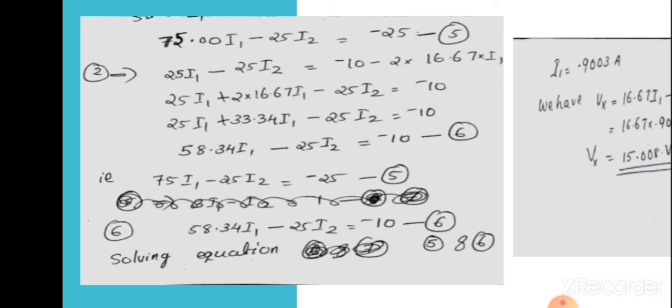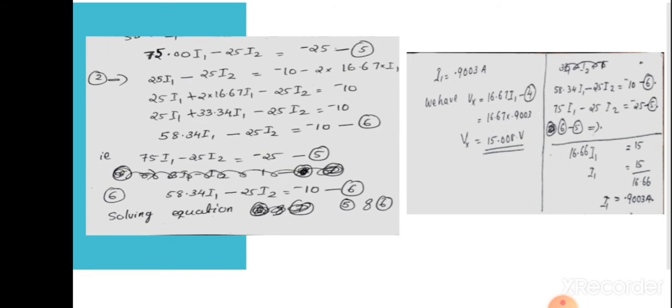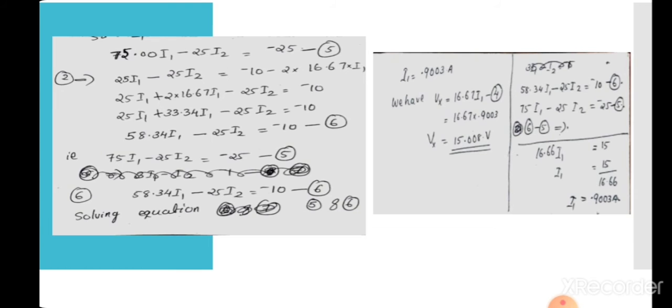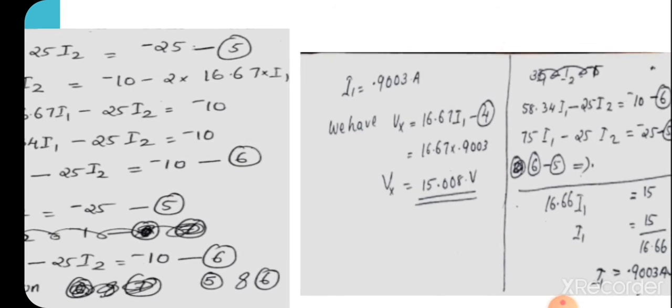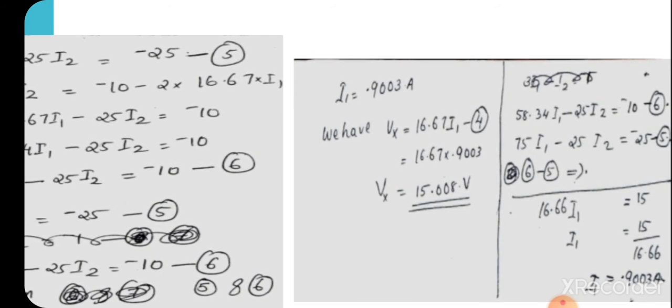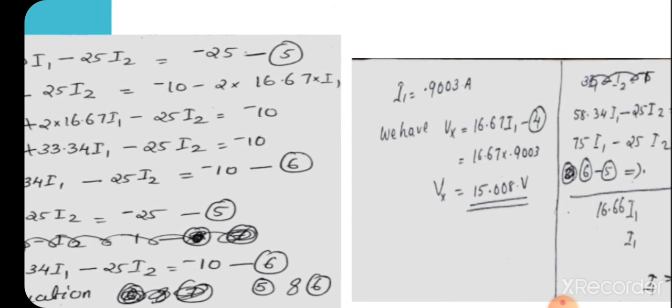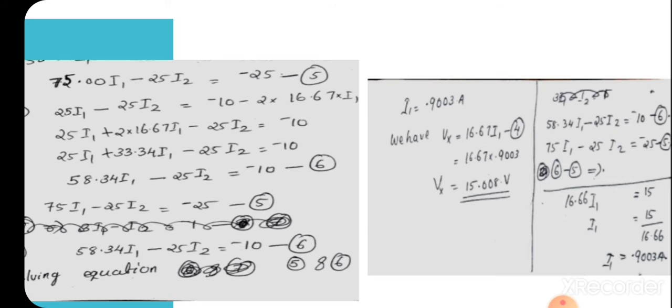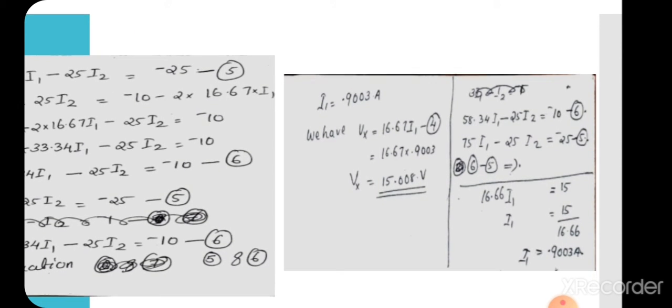By solving equations 5 and 6, I am not explaining the solving method, that is a simple method that you might have studied in first year or in 10th class, and I have given the steps to solve on the right side of this slide.